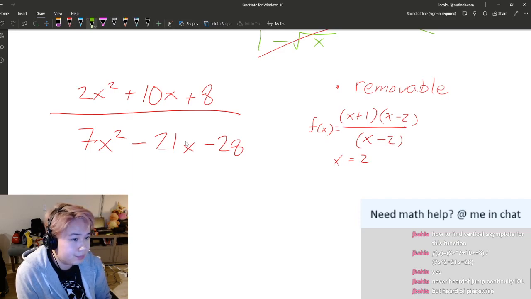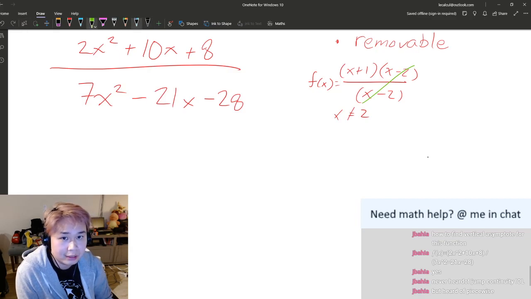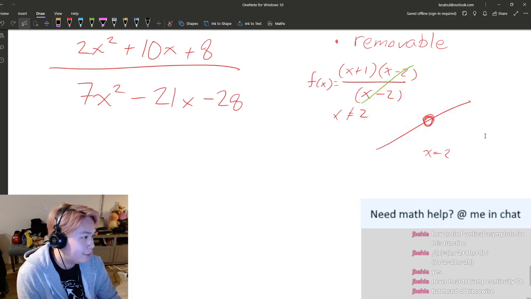However, anytime that x is not equal to 2, then these cancel out. So essentially, everywhere but at 2, the function is basically simplified and it becomes x plus 1. So when you graph it, you put a little hole at x equals 2 because you cannot be 2. But everywhere else, it simplifies into this. So this is called removable. You basically just removed a point from a graph.